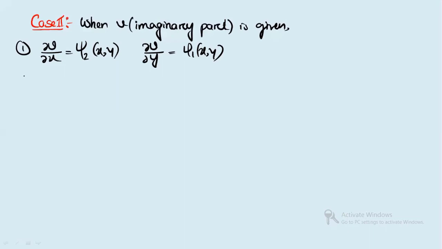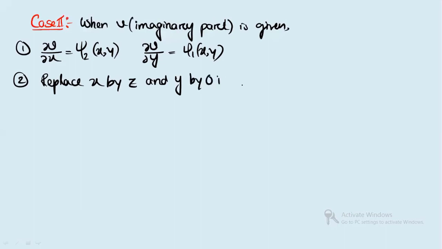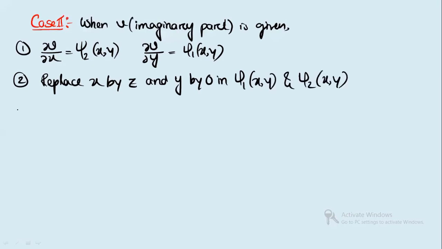The second step will be the same. You will have to replace x by z and y by 0 in psi 1 of x comma y and psi 2 of x comma y. And the last step is what?